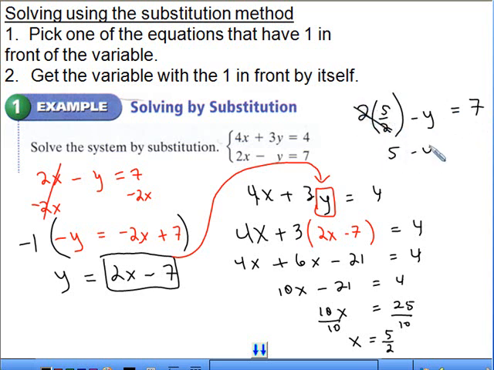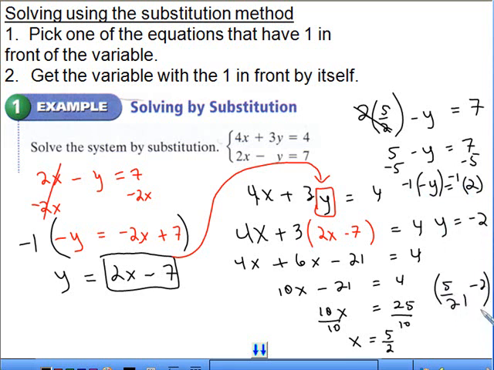We're left with 5 minus y is equal to 7. Minus 5 here, minus 5 here. Negative y is equal to 2. Multiply both sides by negative 1. So y is equal to negative 2. So we know x is 5 over 2 and y is negative 2.